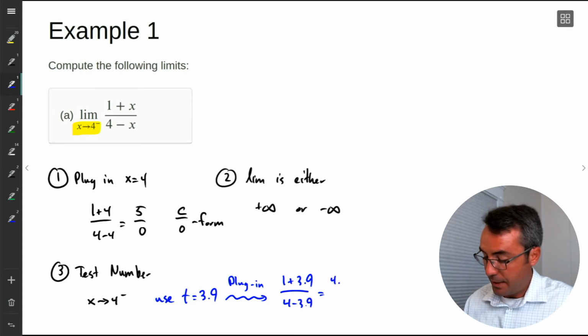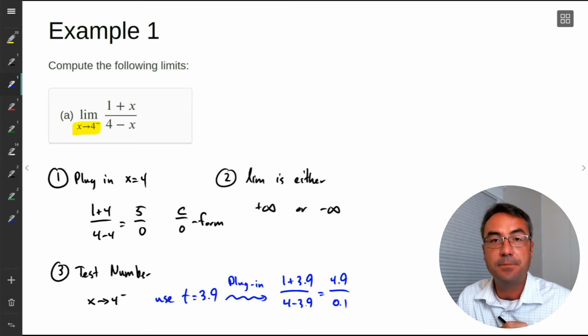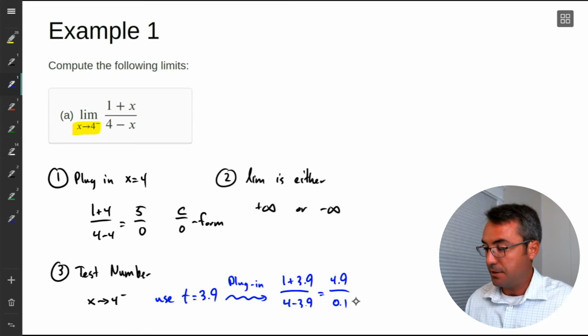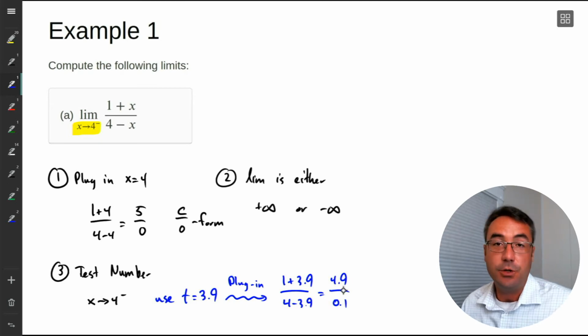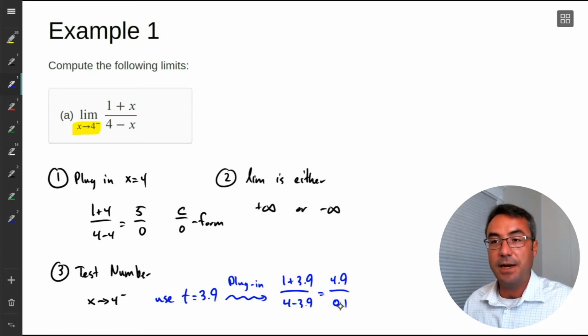Well, we get 4.9 on the top, and we get positive 0.1 on the bottom. And this result, if you really needed to, you could use a calculator to get this exactly, but we don't really care about what number this is. We care about whether it's positive or negative. And we have a positive number divided by another positive number, so the result is positive.